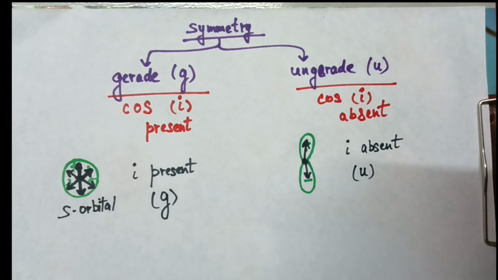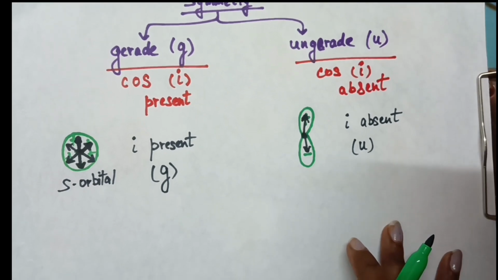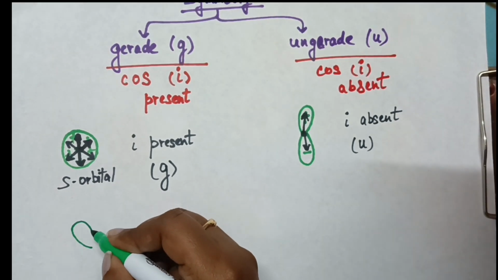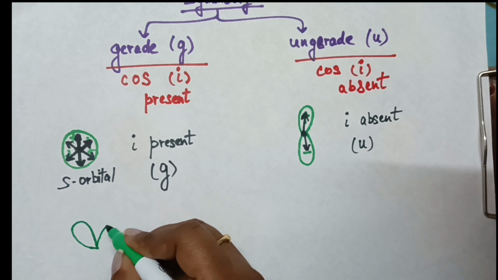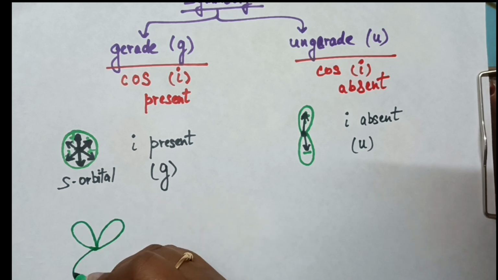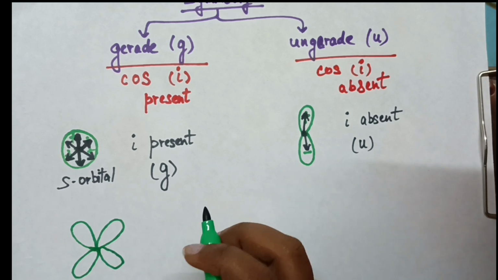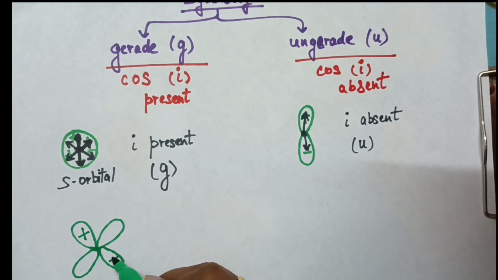Now these are the two orbitals. Again, if I want to go for some other orbital, suppose I take the d orbital. A d orbital is like this. These are the two positive lobes and these are the two negative lobes. Now I want to find out whether it is gerade or ungerade.